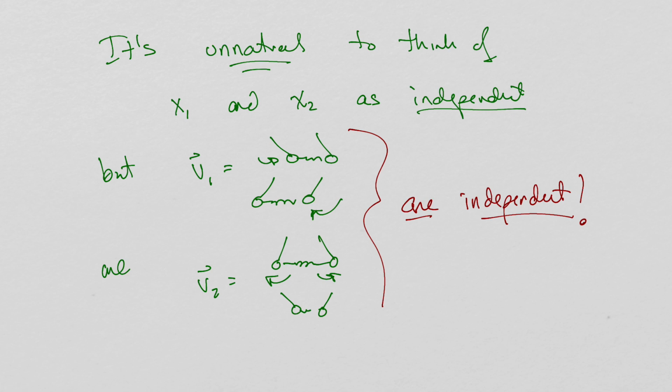Because left to right is now independent of out and in. So I've rearranged the information by finding these eigenvectors, and now not only do I know how the information should be organized, I also know the frequency with which those modes actually oscillate.